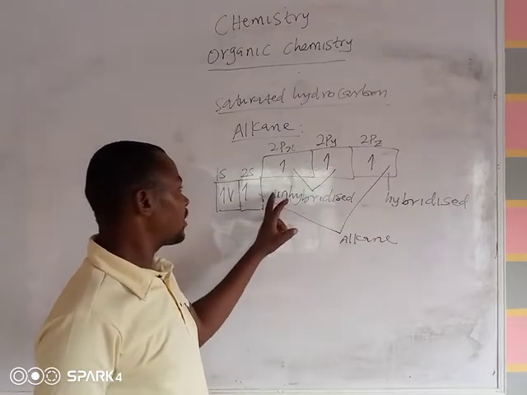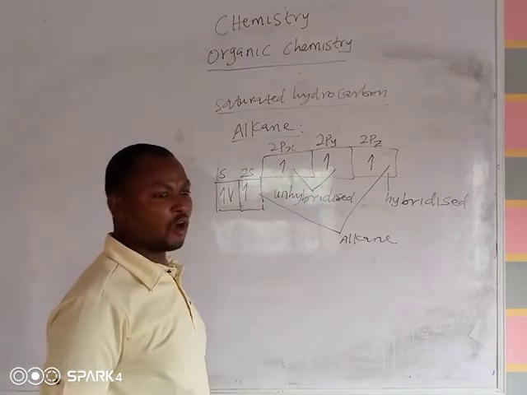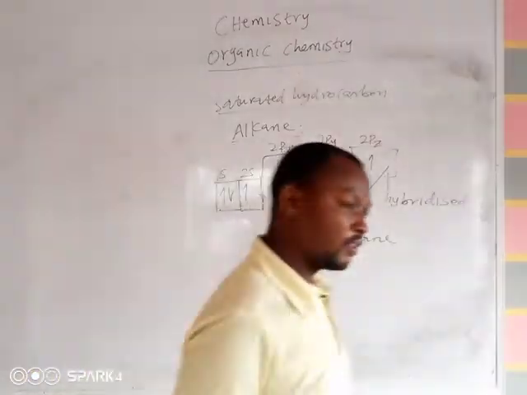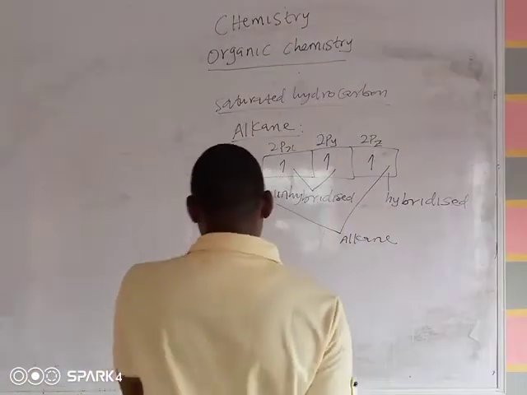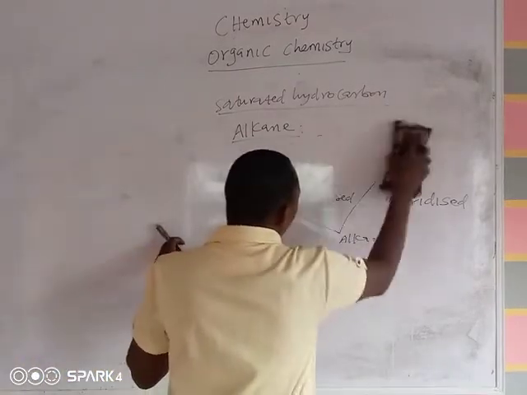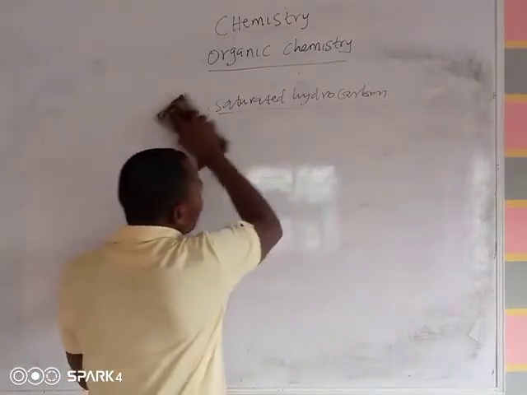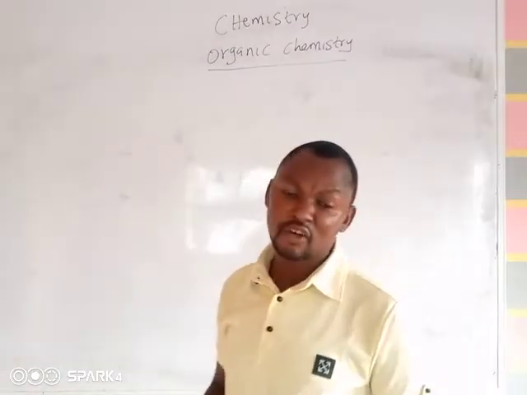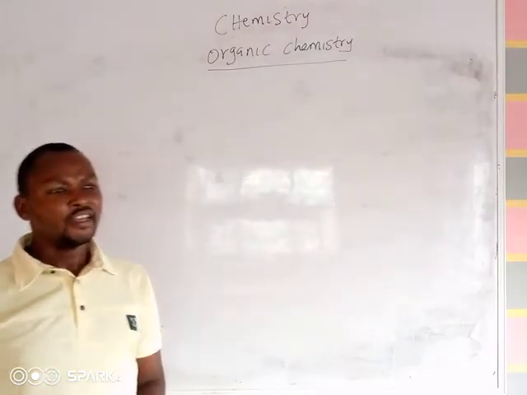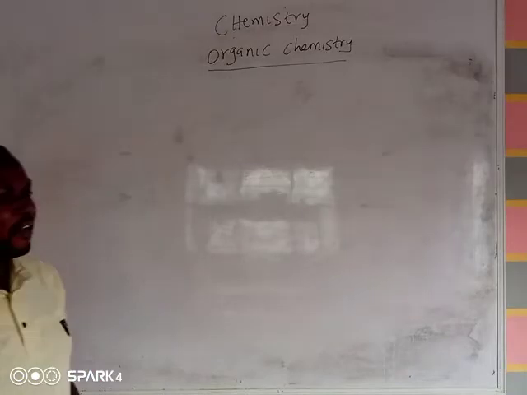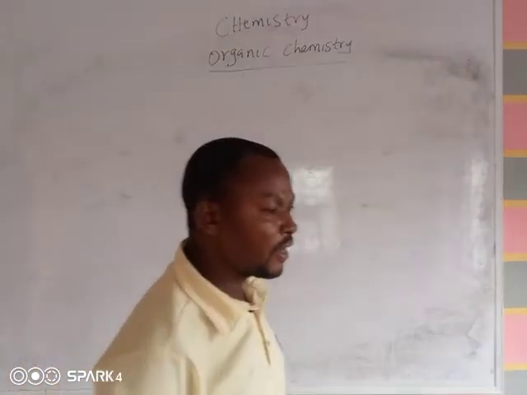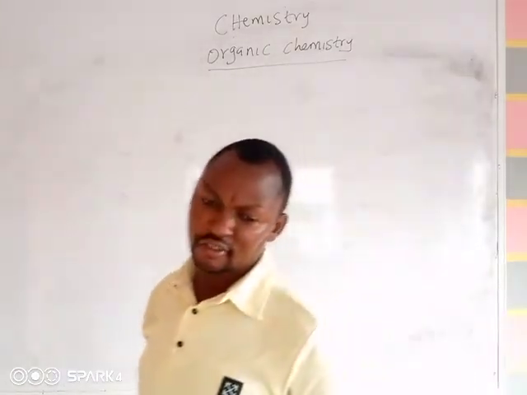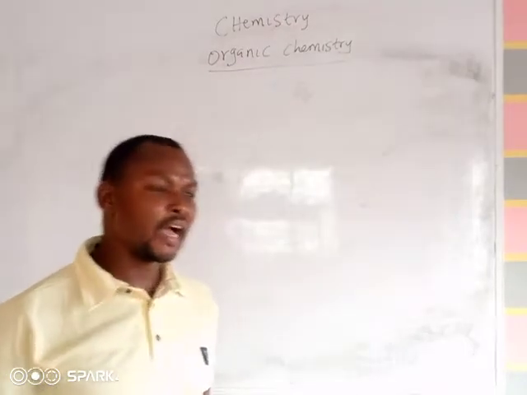So we'll be telling you what happened to the other p orbitals, that's Py and Pz, as we progress in this study. Okay? Now, you have to understand how alkane is sp3. Another characteristic of alkane is that it has orbitals as percentage.